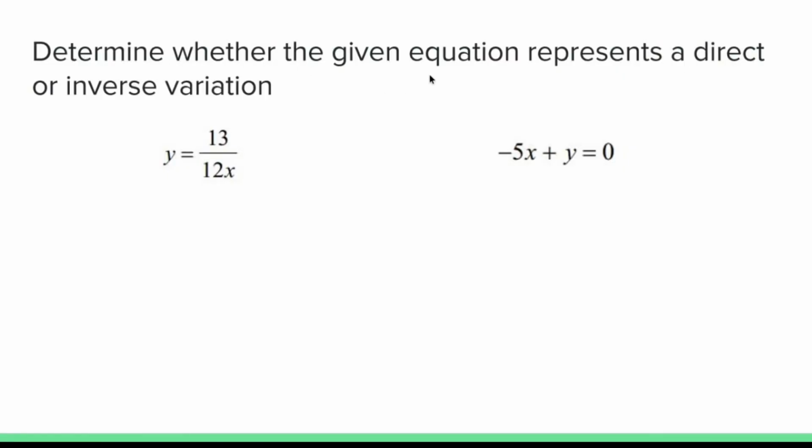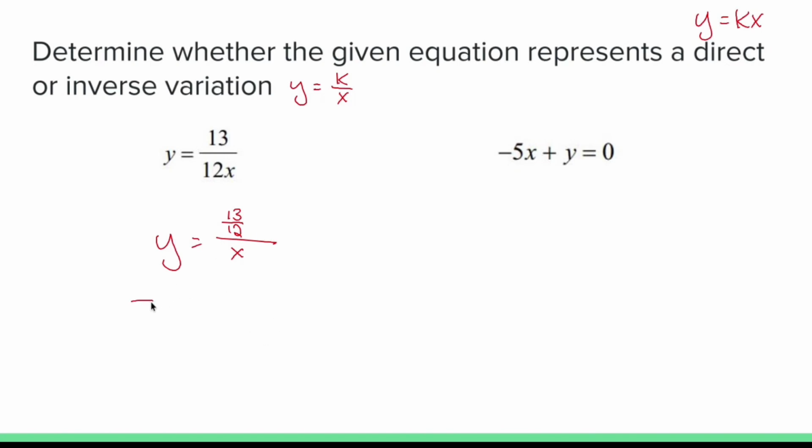Determine whether the given equation represents a direct variation or inverse variation. Direct variation is something that can be written in the form y equals kx. Inverse variation is something that can be written in the form y equals k over x. So which one are you? Well, you are inverse because technically I can write this out as y equals 13 over 12 over x.